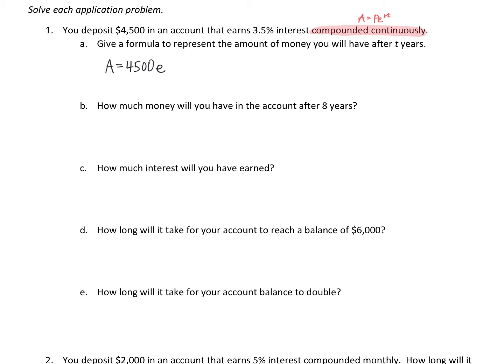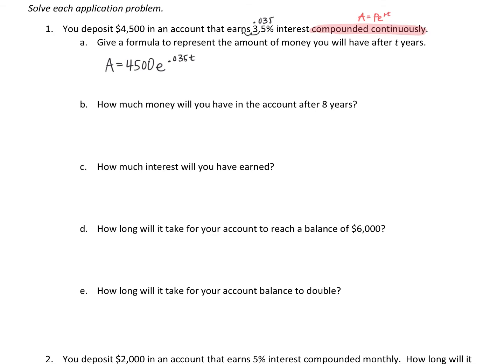So the interest rate is 3.5%. If we divide that by 100 or move the decimal over 2 times to the left, we'll get 0.035. So that will be 0.035 times T. So there's our formula.